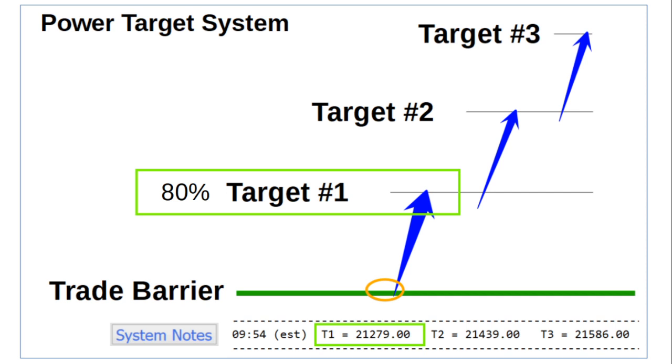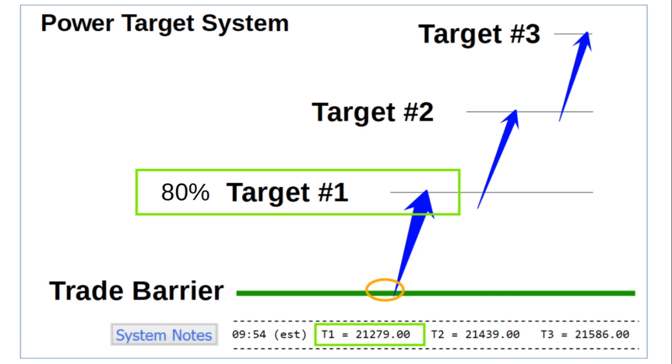There was one day back there where Target One was 36 and a half points. Crazy. Today, as we speak, Target One got hit, and it was only 7.5 points, which is the smallest Target One I've seen in like 3 or 4 weeks, to be honest with you.